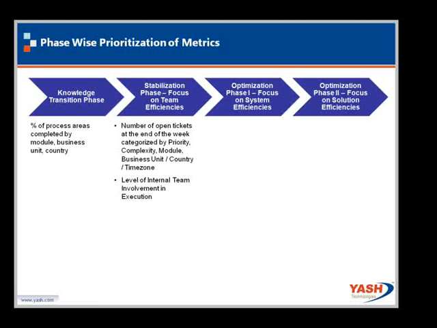The second thing really is the level of internal team involvement. At the end of the day, one of the main things that is going to make it successful is if your internal team does not have to spend time hand-holding the new team on an ongoing basis. So keep a pulse on how your internal team's time is being spent. This need not be another timesheet mechanism.